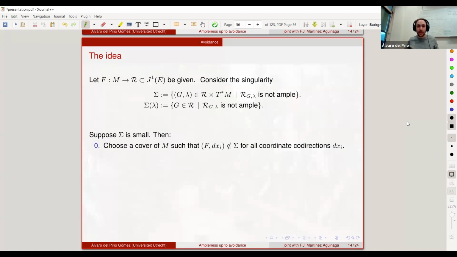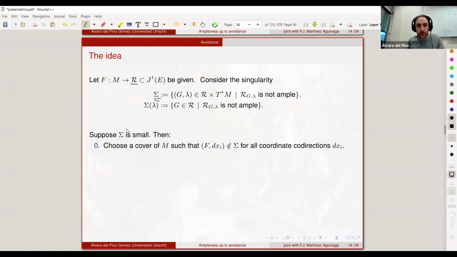Okay, so let me recap what I'm saying. We have this relation R, and all we do is define this object that contains all the bad pairs, right? And now what I'm claiming is that for this to work, you need this sigma not to be too large.